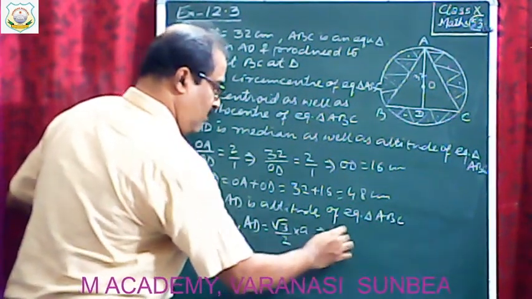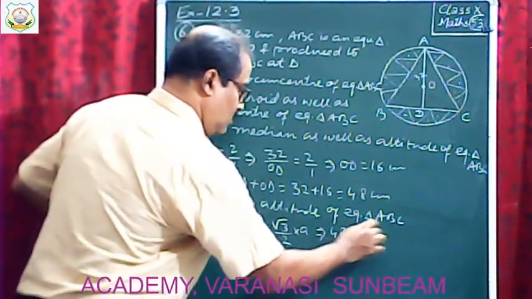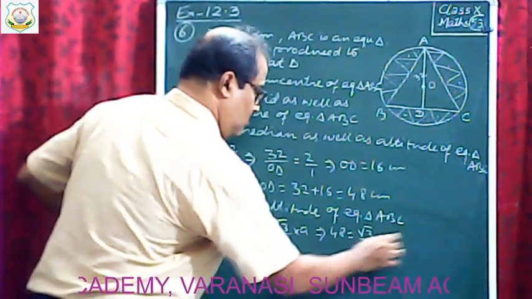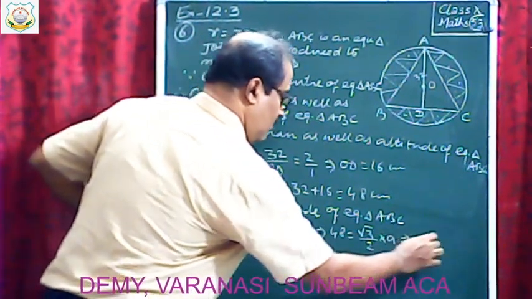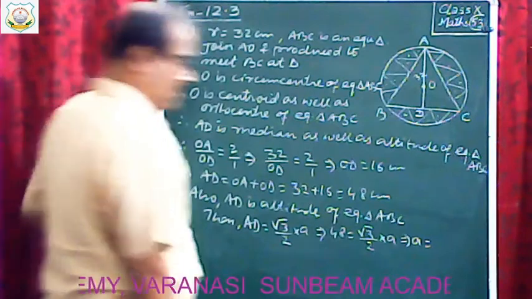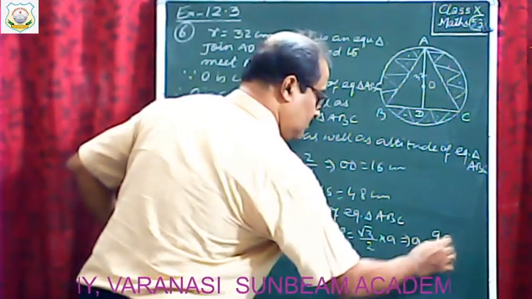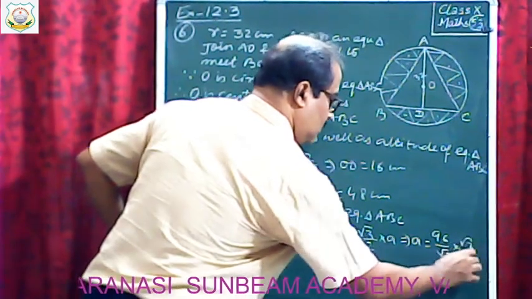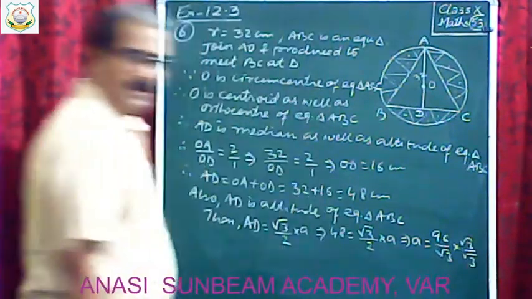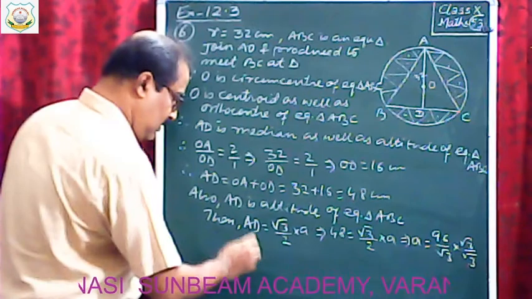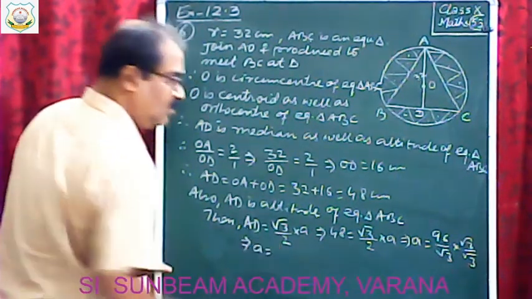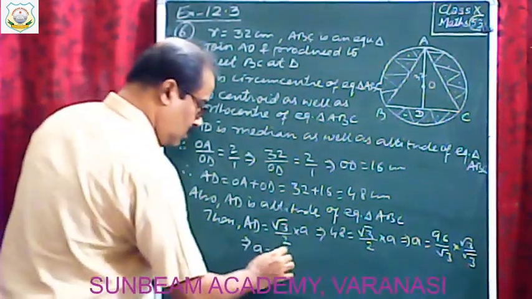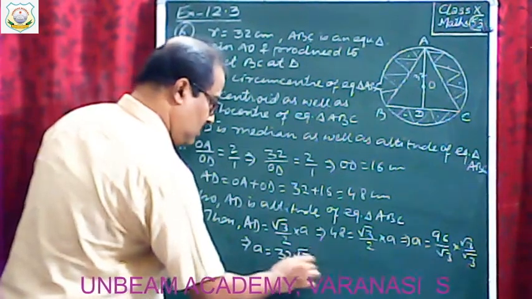So AD, 48, equals √3 upon 2 into a. So a equals 96 by √3, rationalizing the denominator. Finally, what we get? a equals 32√3 centimeter.